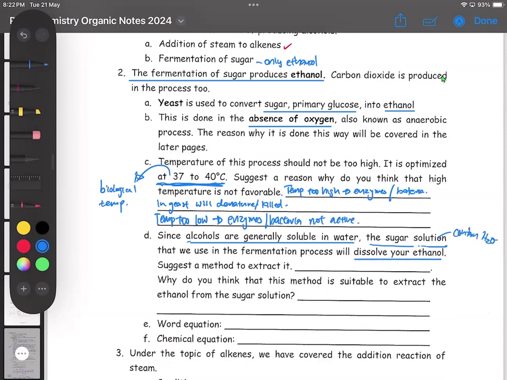So how do you take out your ethanol? Remember, when dissolved in water, they form a miscible solution. And when you form a miscible solution, the only way to separate two liquids, alcohol and water, that are soluble in each other, is FD, fractional distillation.